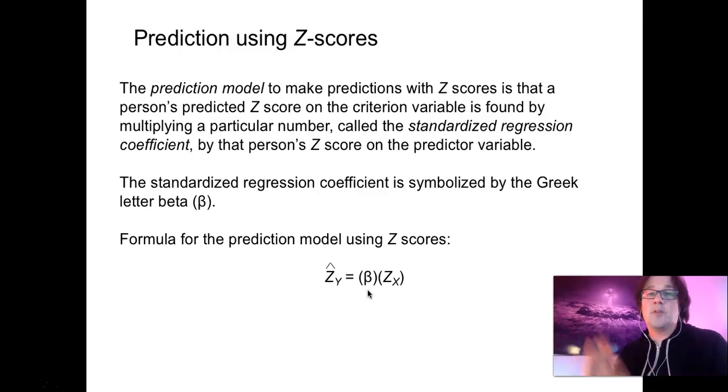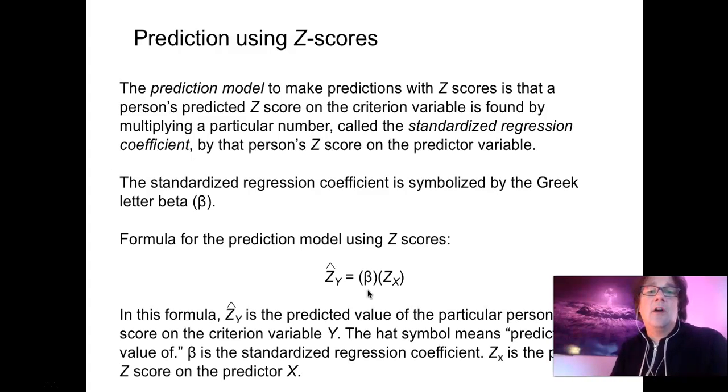Standardization does what the name suggests. It standardizes everything. It turns apples and oranges into peaches, right? So you can compare a peach to a peach instead of an apple to an orange. Okay, so just to recap, in this formula, the predicted standardized z-score is the person's predicted z on the criterion variable of y.